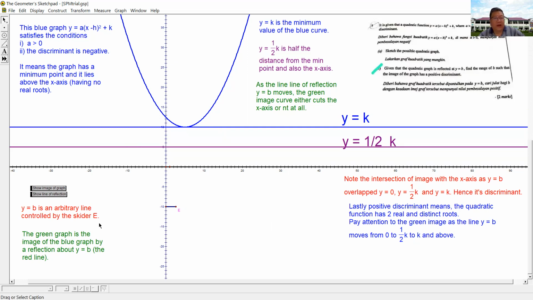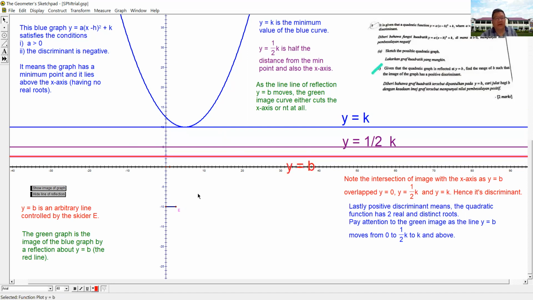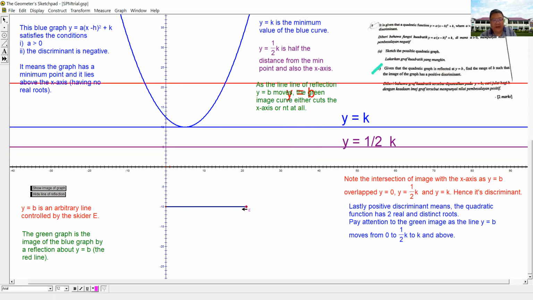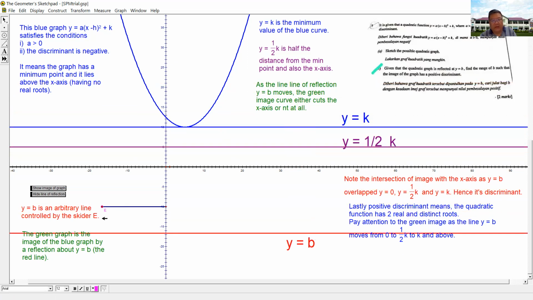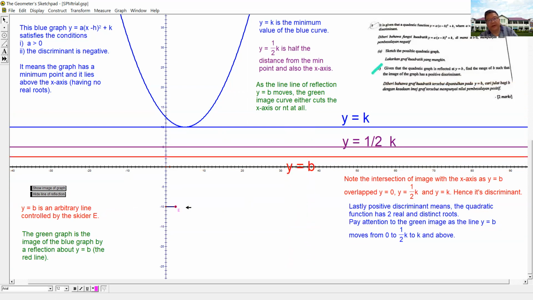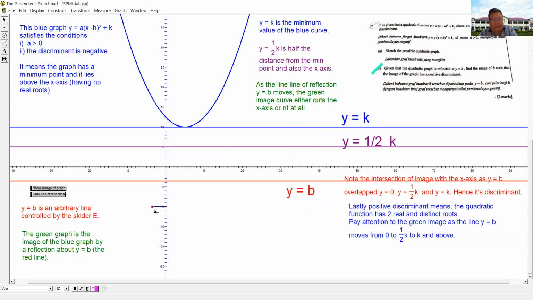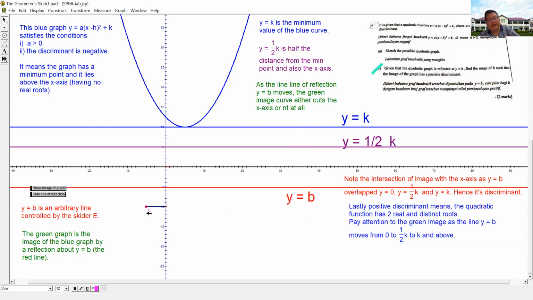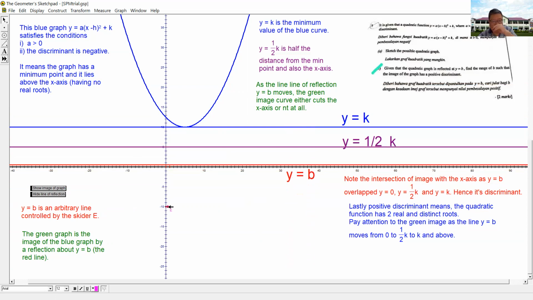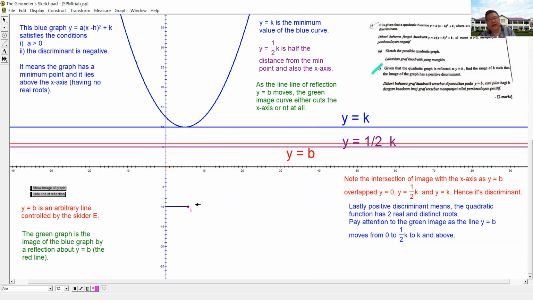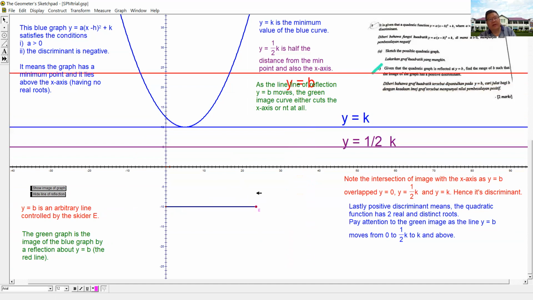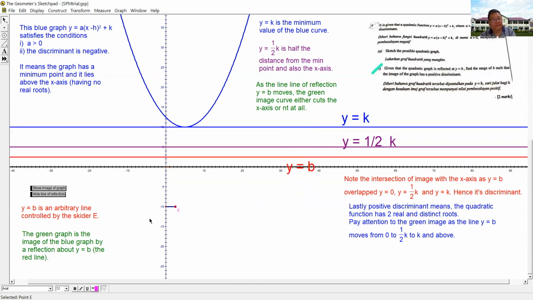This line of reflection can move up and down. It can be below the x-axis, above the x-axis, equal to half k, equal to k, or more than k.